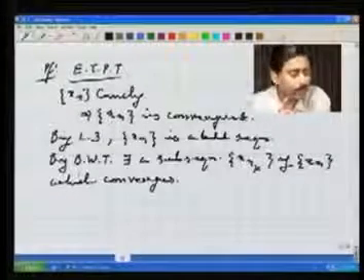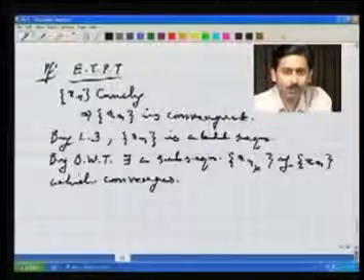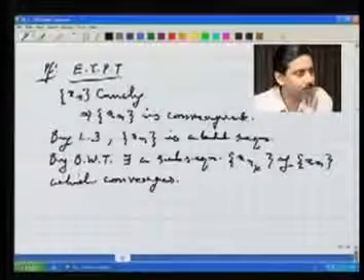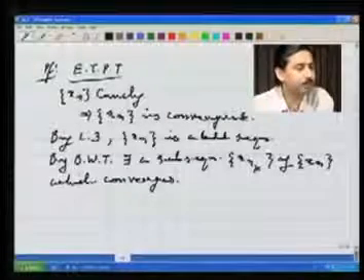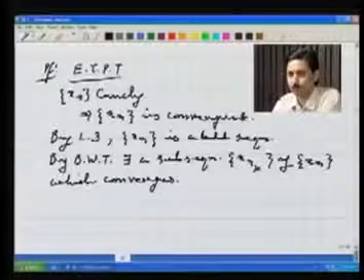I am in a position to apply it because it says that every bounded sequence has a convergent subsequence. I have proved that every Cauchy sequence is bounded, and hence it must have a convergent subsequence. Well, now you can guess the rest of the proof.